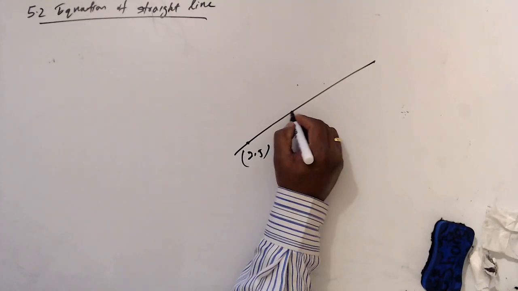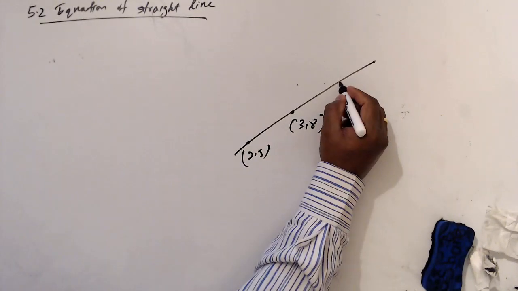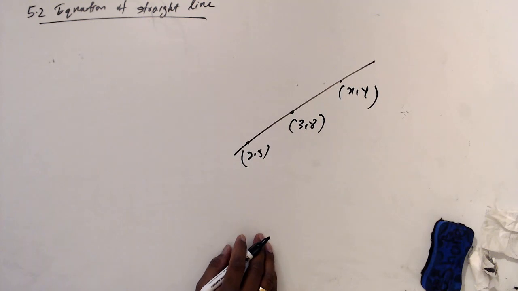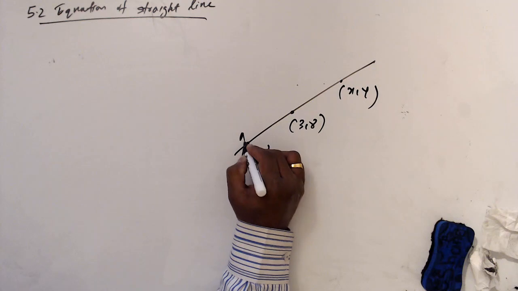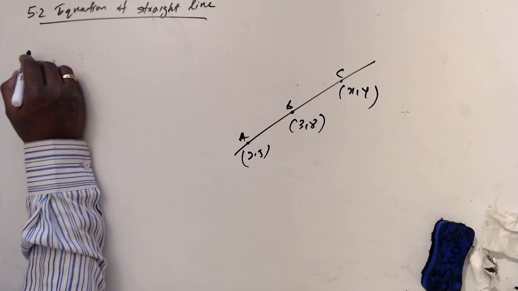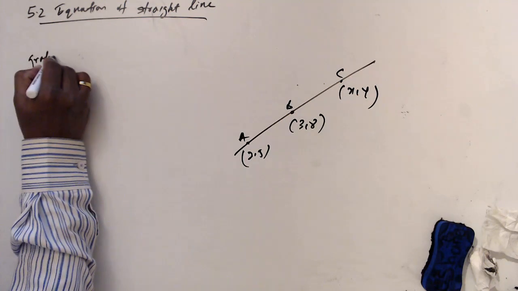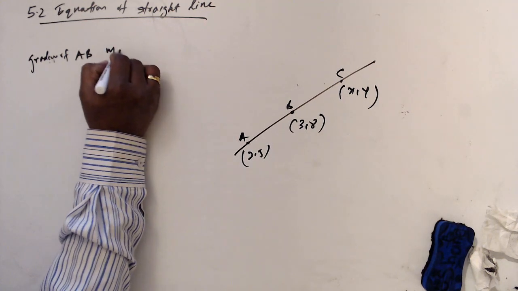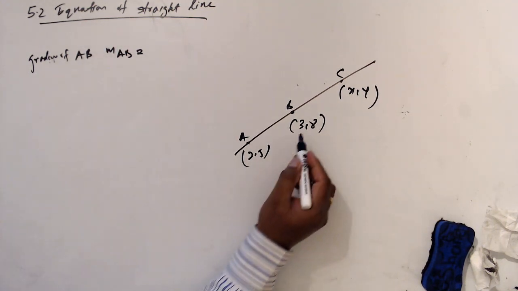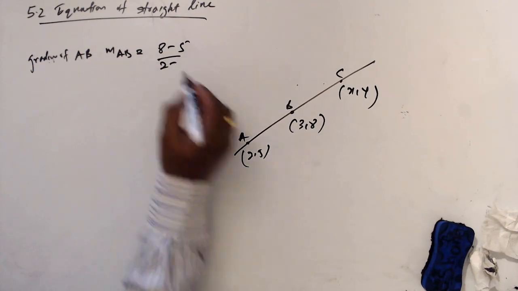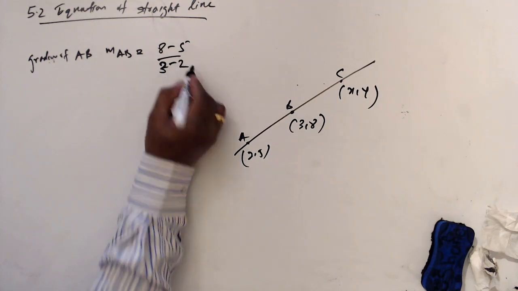Two, 5, 3, 8, xy. I have so many options here. If I take A, B, C, I can consider the gradient of AB. I'll write MAB. How do you write it? 8 minus 5 over 3 minus 2.